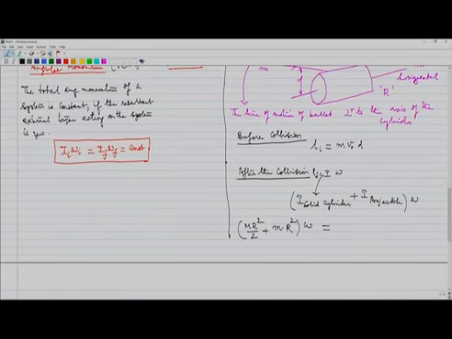This is equal to the initial angular momentum, which is m V naught D, corresponding to only that of the bullet. Therefore, omega is equal to m V naught D divided by M R squared by 2 plus little m R squared.